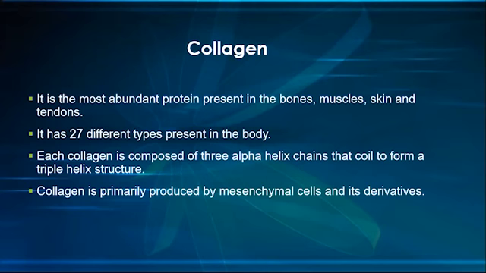Then we come to one of the very important components of the extracellular matrix, that is collagen. And you can see that it is the most abundant protein present in all the connective tissues, that is bone, muscle, skin, and tendons. And a total of 27 types of them are present, but you only need to remember a few of those.